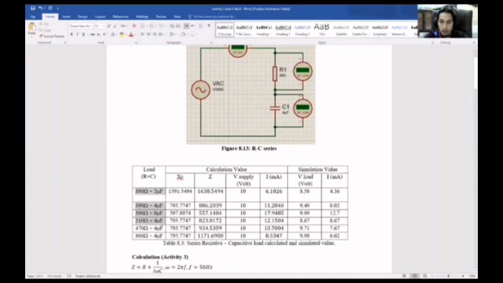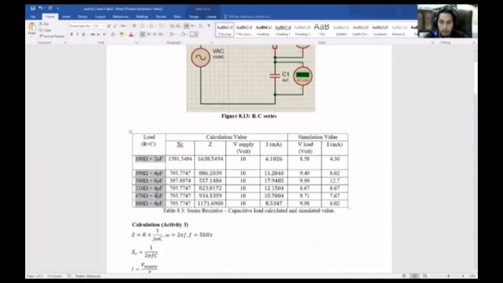Here are the values we got from the simulation, which is V load, and we got the I here.